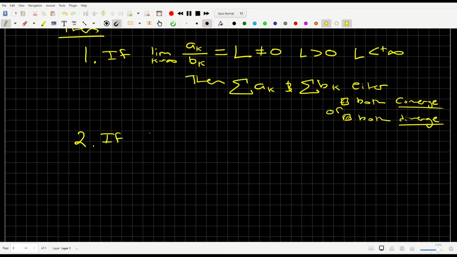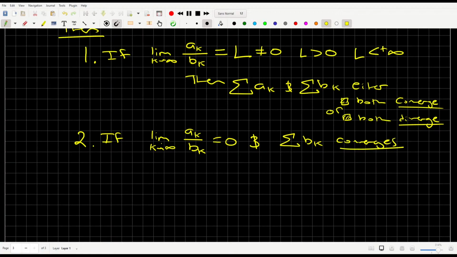We can go through additionally and prove that if we can find a comparison series that gives us a ratio limit of 0 and the sum of the b_k converges, so if this is true and this is true, then the sum of the a_k must also converge.